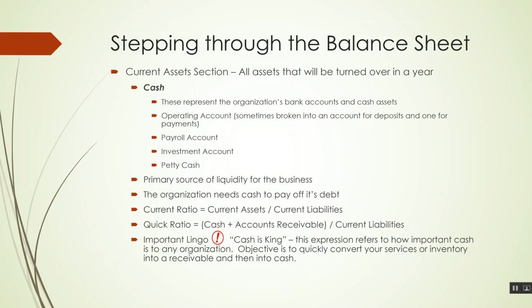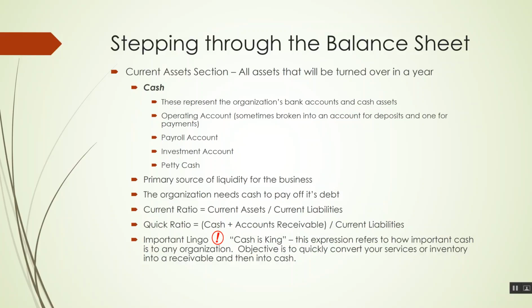Oftentimes within organizations they'll have an operating account. This is going to be the bank account from which they make payments to their suppliers, and the bank account into which they receive monies from their customers. Some organizations will have these broken up into two separate accounts, like a deposit or lockbox account, and then an account from which you do disbursements.